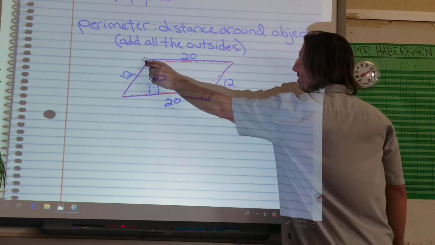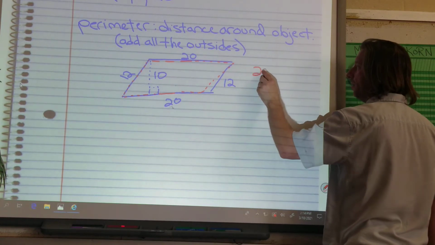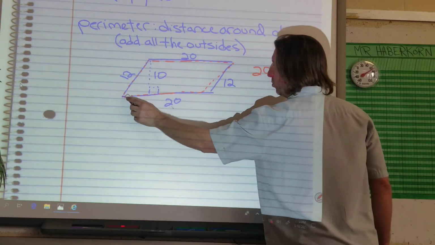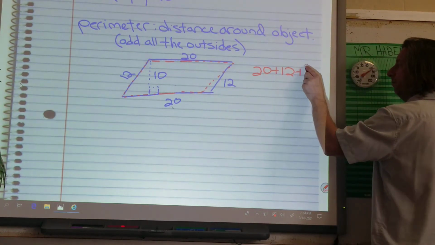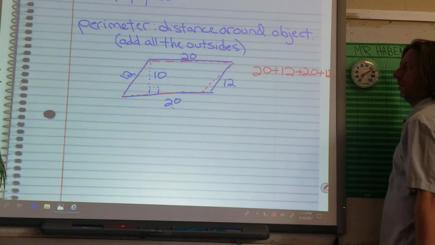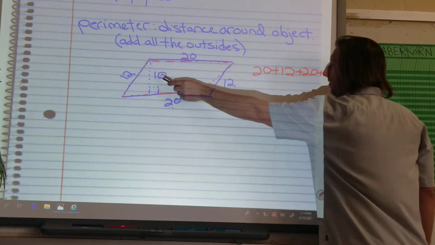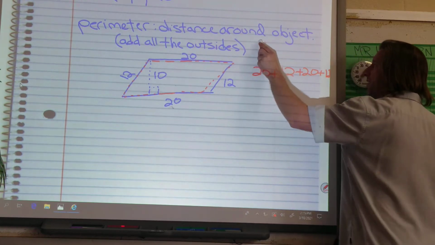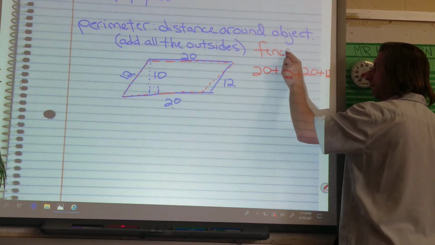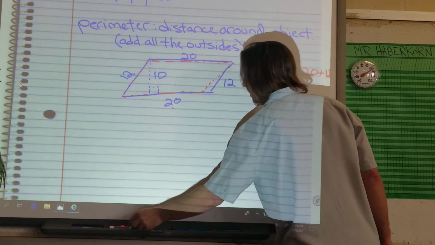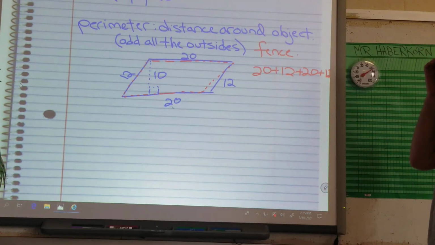So if I wanted to find the distance around it, well, you want 20 there, plus 12, plus 20, plus 12, right? All right, so you got all the outside numbers. I don't add the 10, that's cheating and cutting through the middle. Think of the perimeter as putting a fence around the outside to keep people out, okay? So it doesn't cut through the middle. You don't need a fence in the middle. All right, so 20 plus 12 plus 20 plus 12.